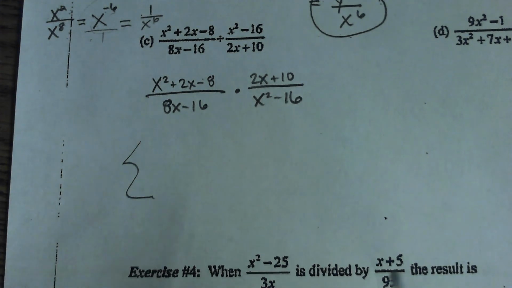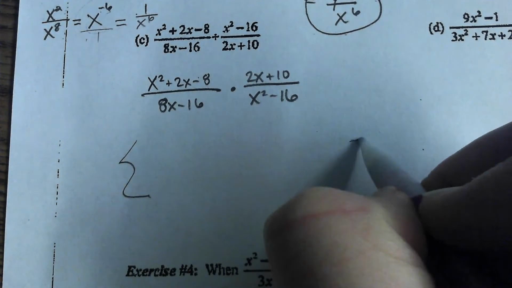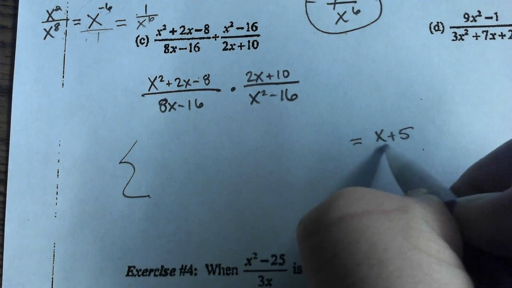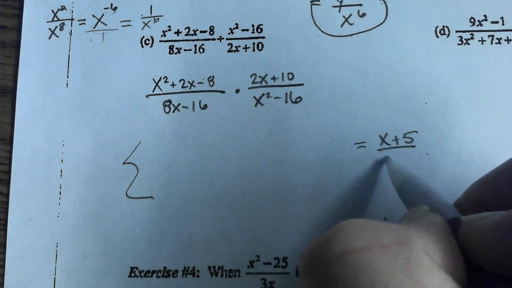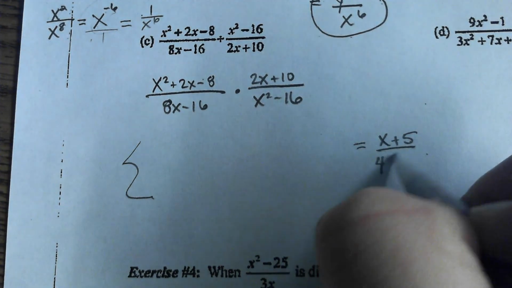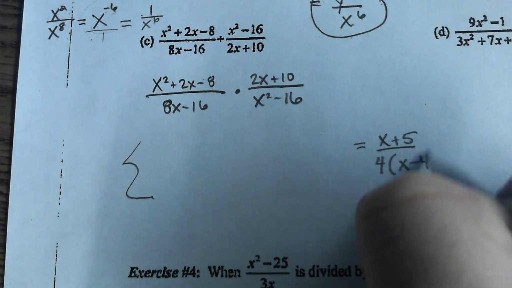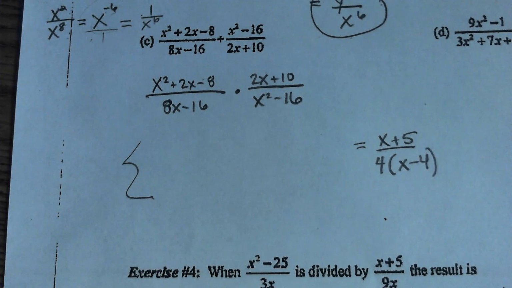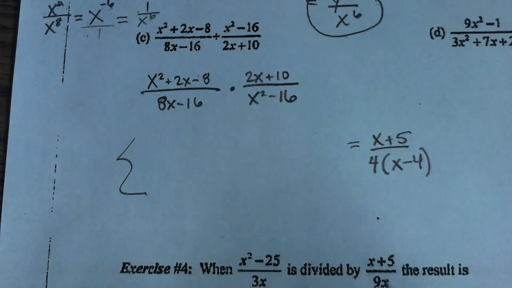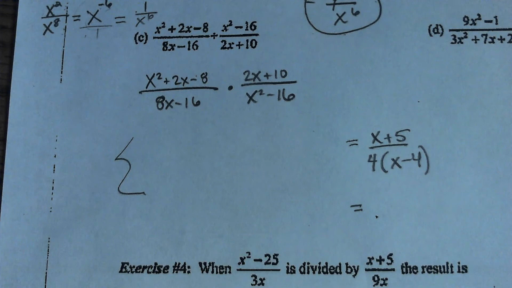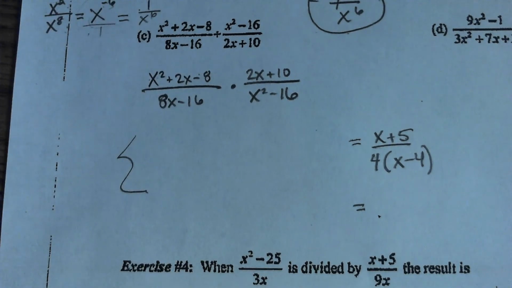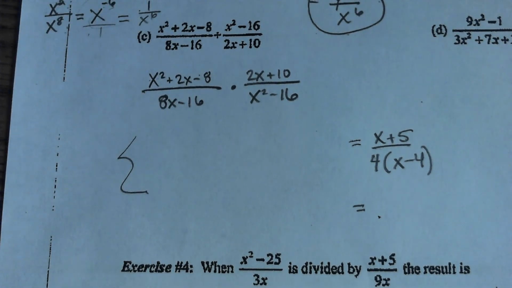Alexa, what did you get for your final answer? X plus 5 over what? 4 parentheses x minus 4. Okay. Mike, what'd you get for your final answer? Oh, you're not there yet? Okay, keep going.